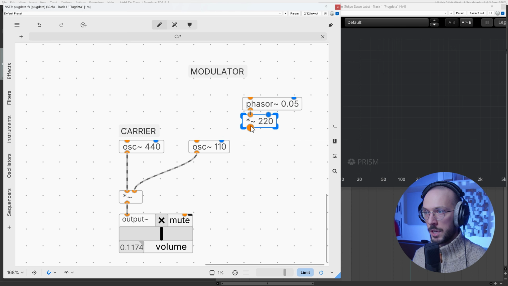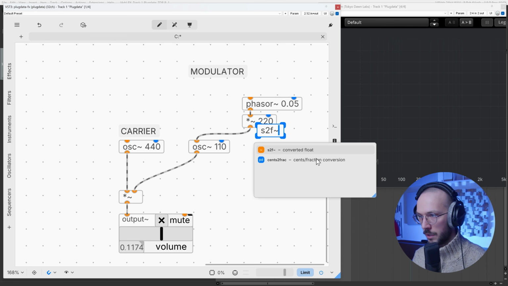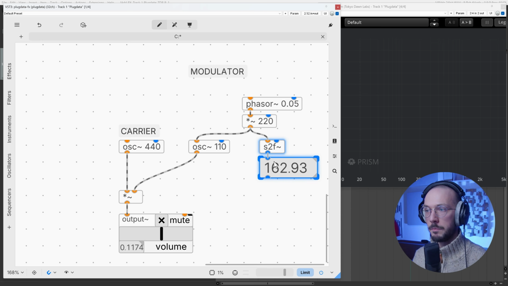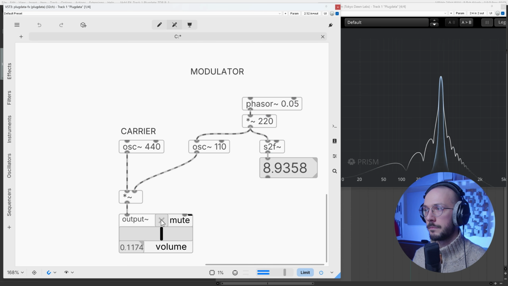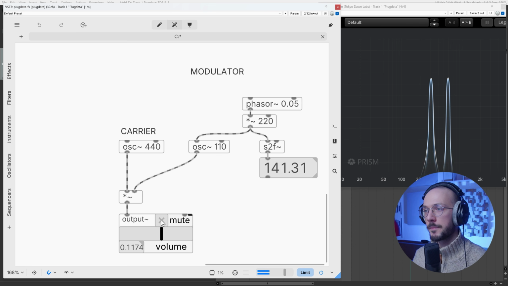And just to visualize the output value, I can use a signal to float. So we can easily see the modulation frequency. As you can clearly see, the greater the modulator frequency, the greater the distance between these two sidebands.